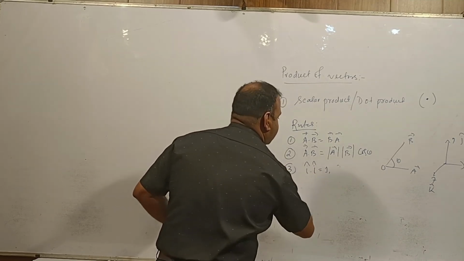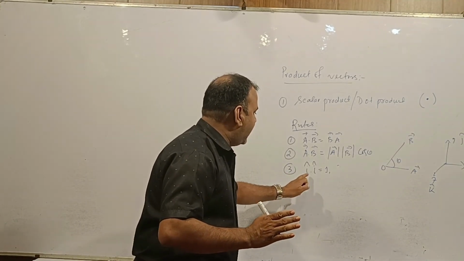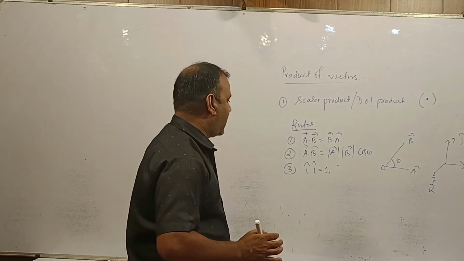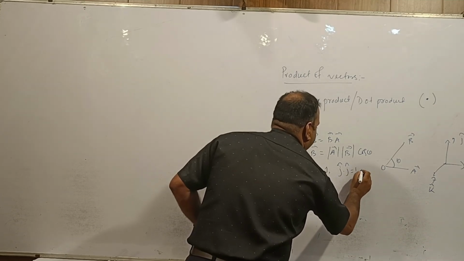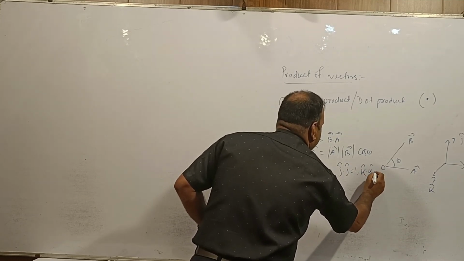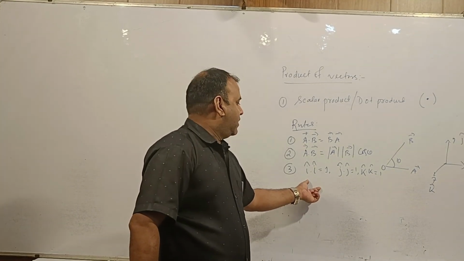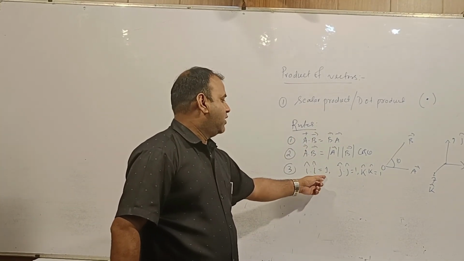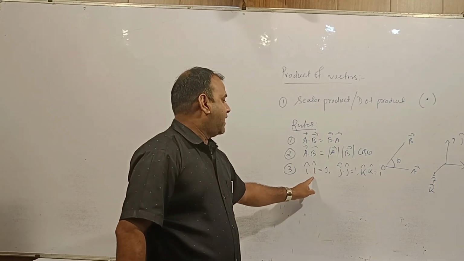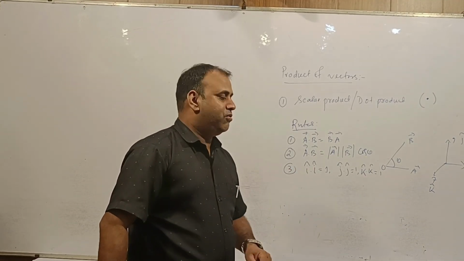You always remember, i cap dot i cap, that means i dot i is equal to 1. Here j dot j is also 1, k dot k is also 1. That means similar unit vectors always give unit value. That means i dot i is 1, j dot j is 1, k dot k is equal to 1.